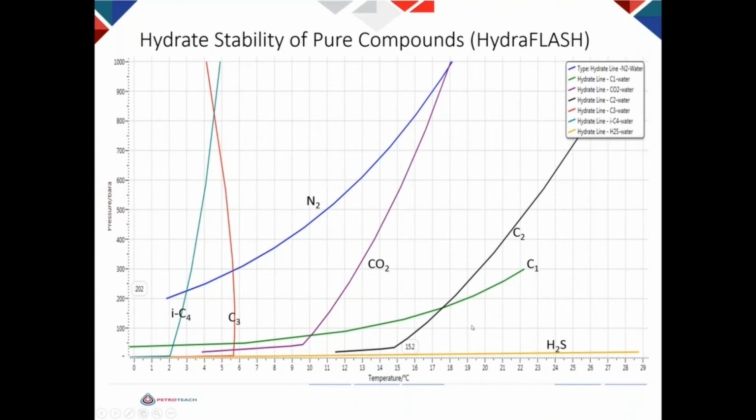If it is here, then H2S is a promoter and methane is an inhibitor because they make hydrate formation difficult. So the phase boundary of the system depends on the composition of the gas.